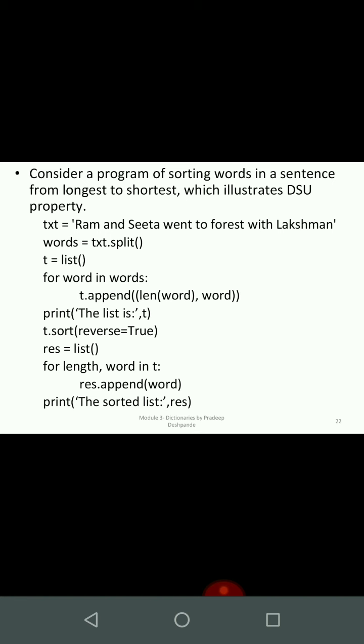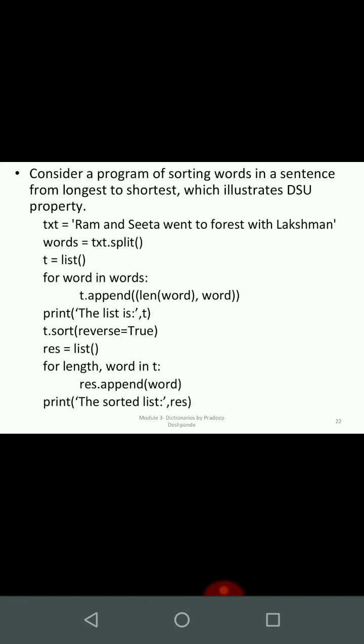Then we are creating an empty list here, t equals list. We are using a for loop, for word in words: t.append((len(word), word)). We are just extracting the length and the particular word. So it will be like (3, Ram), (3, and), (4, Sita), (4, went), like this the list will be created here.